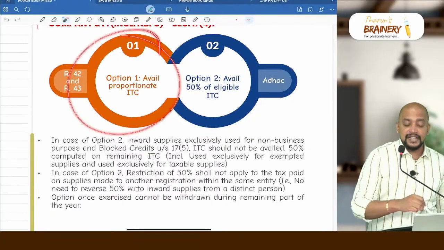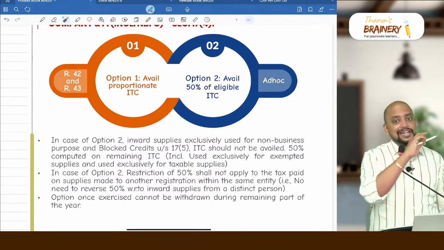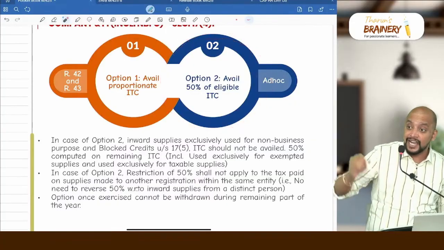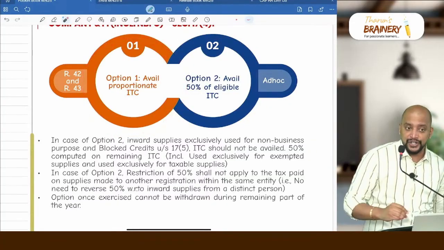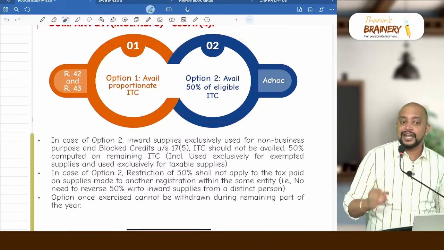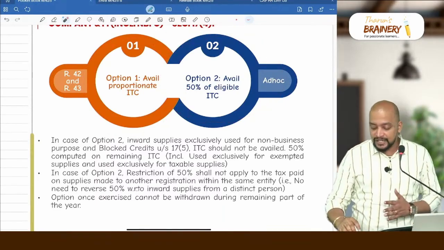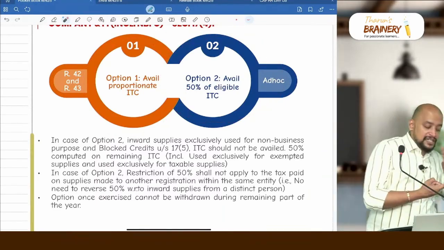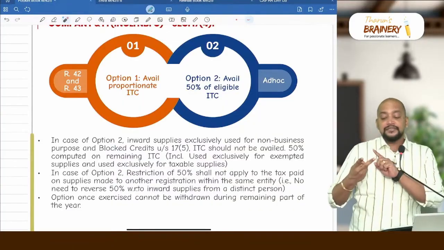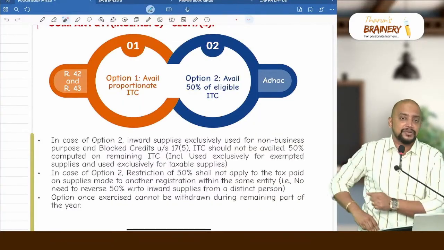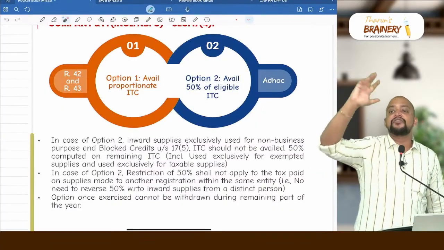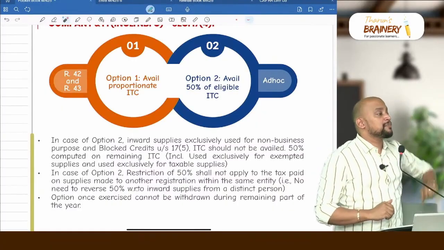Inward supply used for exempted, in option 1 we will not take ITC, but in option 2 we will take 50% ITC. Common ITC in option 1 we will take proportionate, but in case of option 2 we will take 50%. Which means in option 2, inward supply exclusively used for taxable, exclusively used for exempted, and used for both taxable and exempted, everything will be taken as 50%, which we are not doing in proportionate ITC.